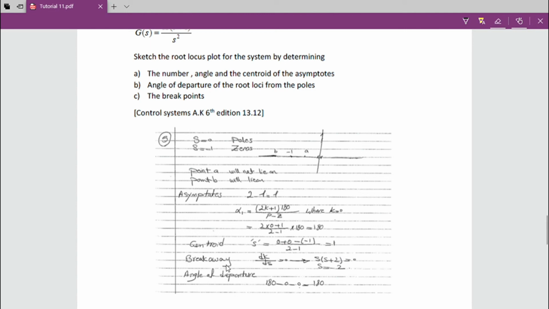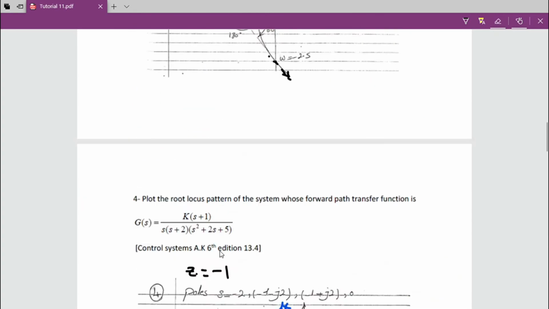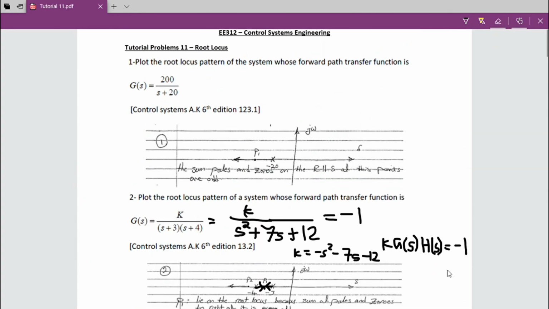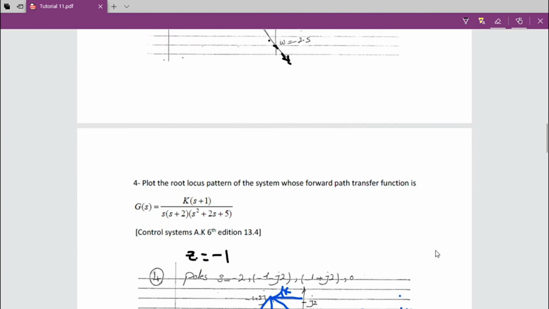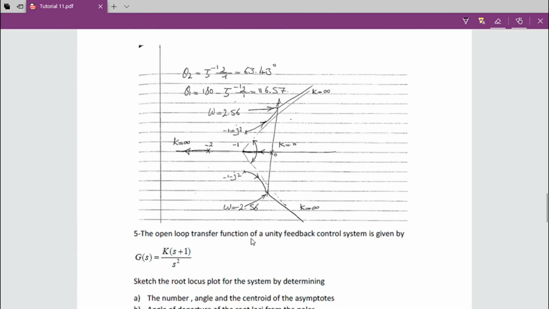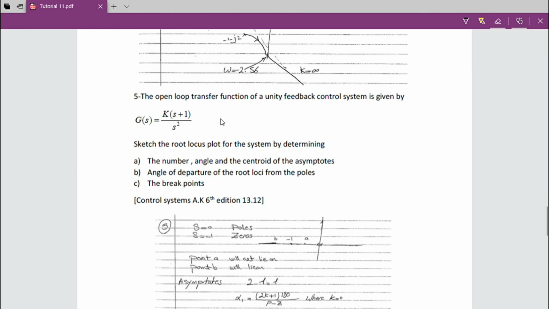To find your breakaway points, again you have to follow this rule. Whatever is given, that will be an open loop, that will be k times g of s, h of s is equal to minus 1, right. Basically what you need to do is equate these.